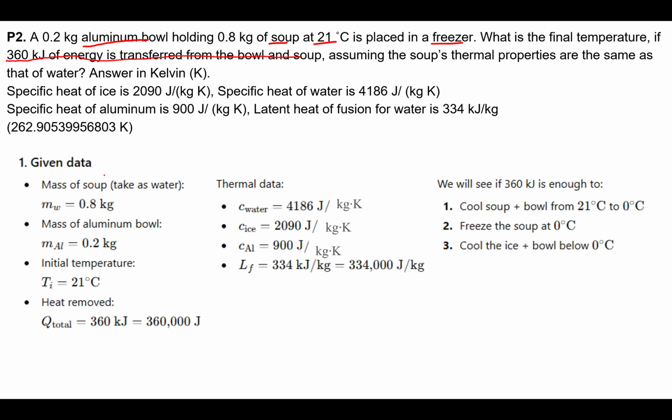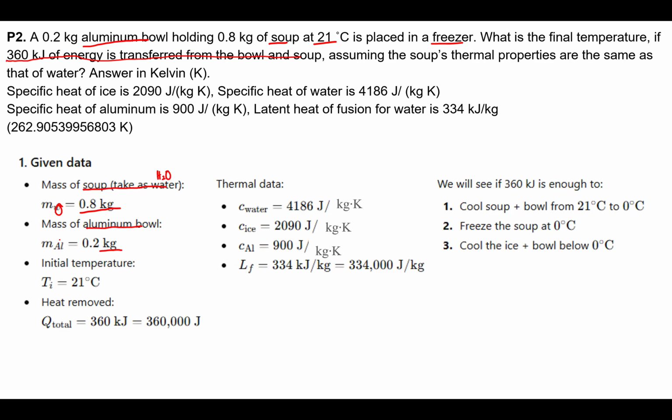So we need to check what data are given. The mass of the soup, which is taken as water, so we use m_w for water, is 0.8 kilogram. The aluminum bowl has this mass.